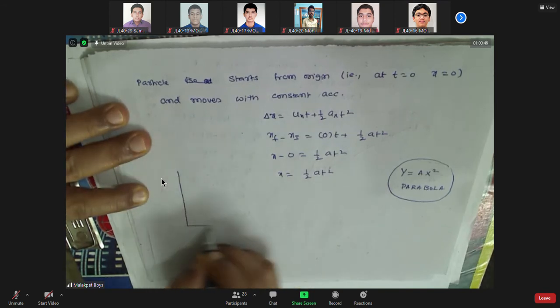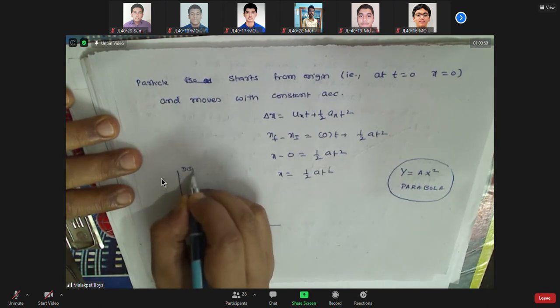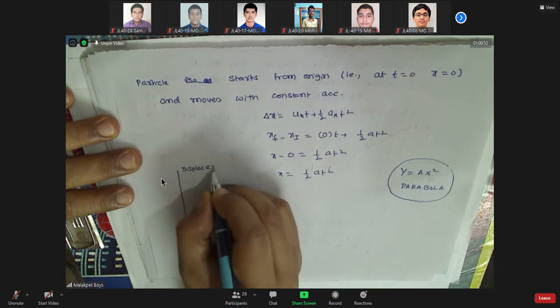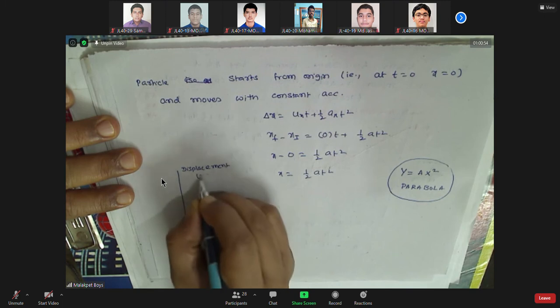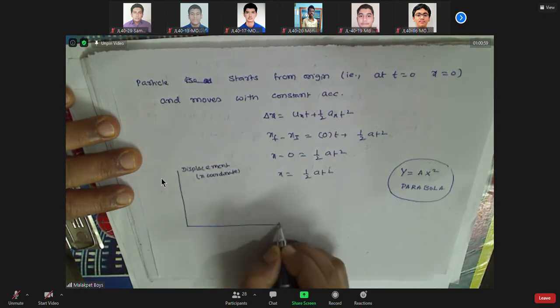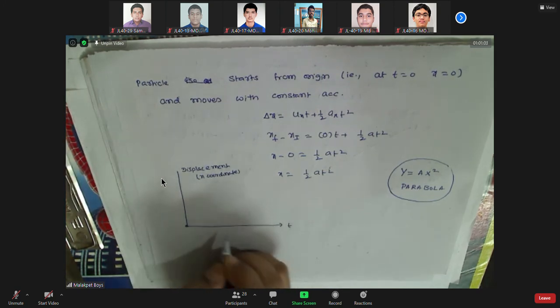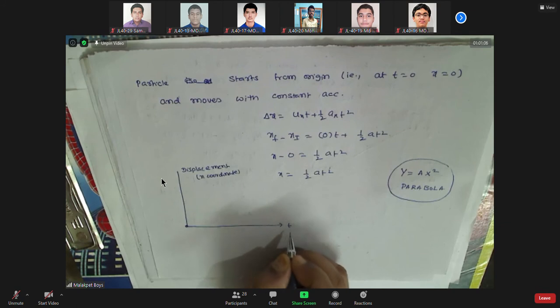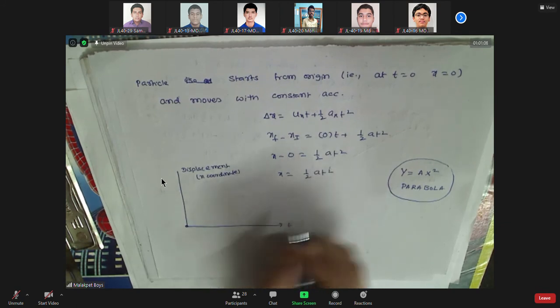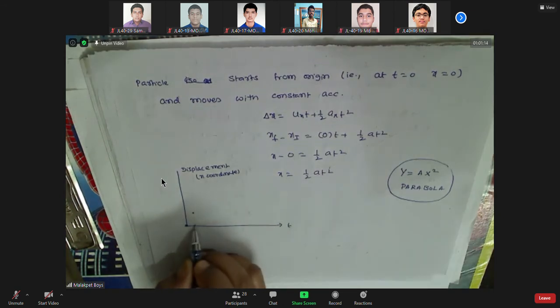If you draw the graph like this, because the power is not one now. If the power is not one, it should be a curve. So this is time. Initially it is here. As t increases, x increases more, no? Where t is lesser, x is less.